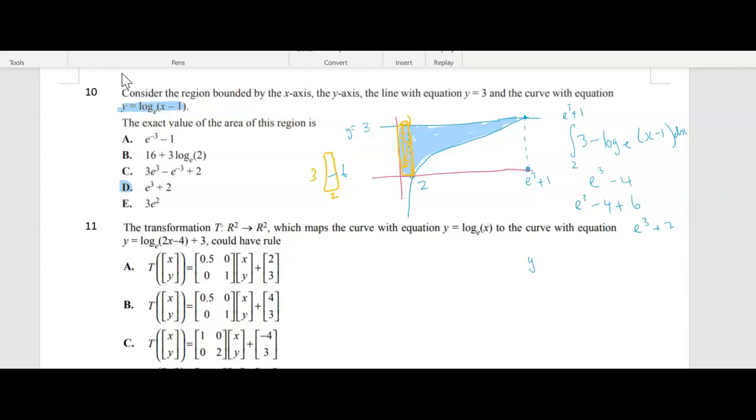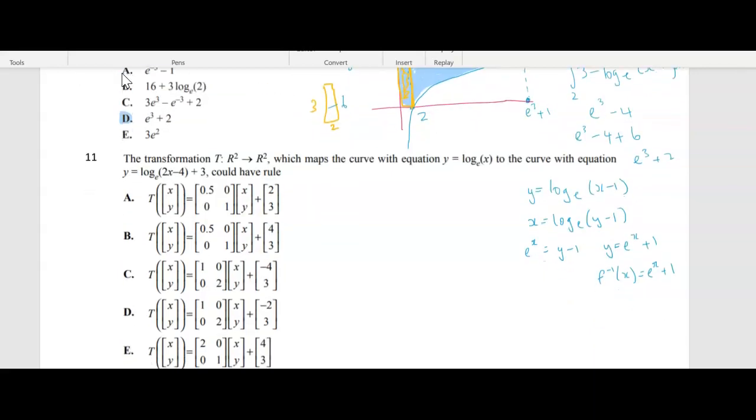We switch x and y, so I'm just going to write the expression first. So we've got x equals log y minus 1. Then to get rid of the log, I'm going to take the value of base e of both sides. So y is equal to e to the x plus 1. So your inverse is e to the x plus 1.